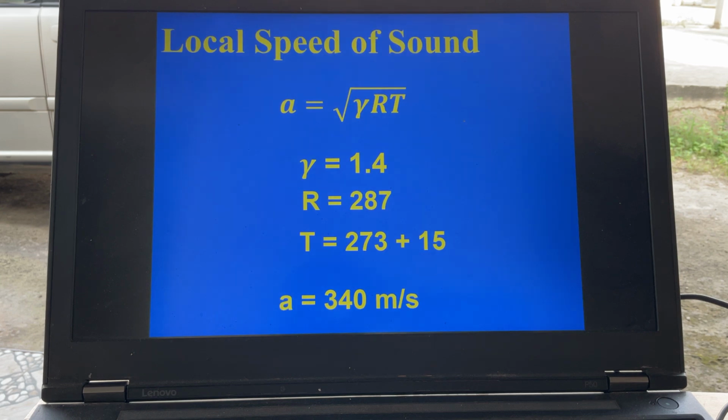Now, how do we work out local speed of sound? Well, you need a formula, and the formula for working out local speed of sound is a equals the square root of gamma times gas constant times temperature. Gamma is 1.4, gas constant is 287, temperature is 273. Now, you need to take the local humidity and local temperature into consideration.